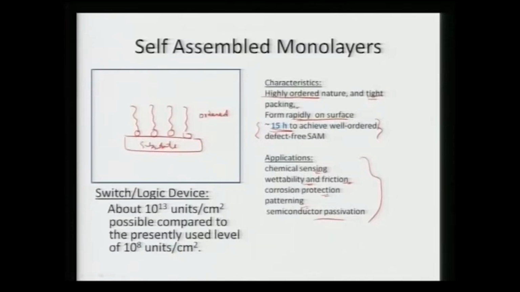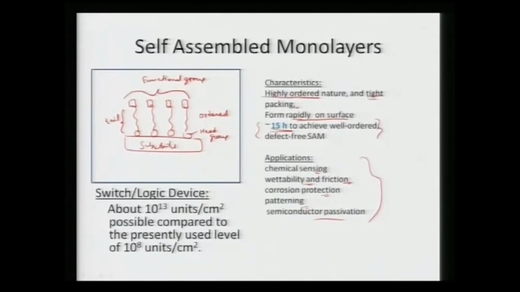They might have a certain functional group on the top of their chain to render a certain functionality. So, we have a substrate, over that we deposit certain head groups that attach themselves to the substrate. Then it has a tail region, and that tail is covered with a certain functional group to impart certain functionality.